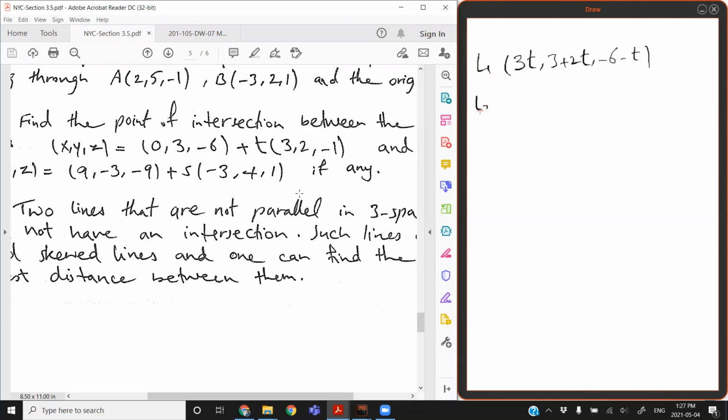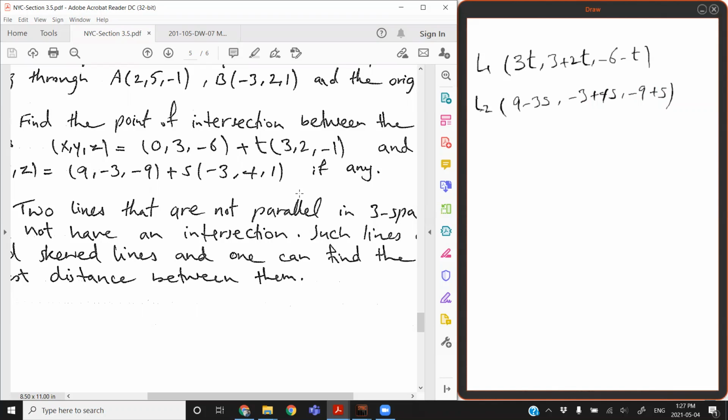And line 2, I can write it like this: (9 minus 3s, negative 3 plus 4s, and negative 9 plus s).